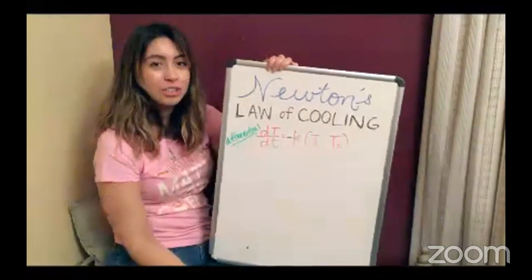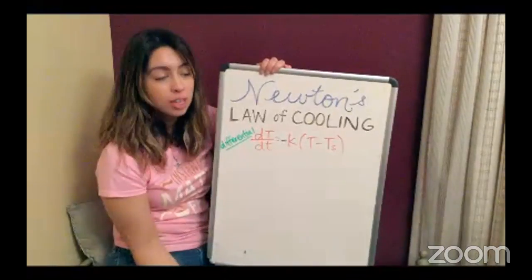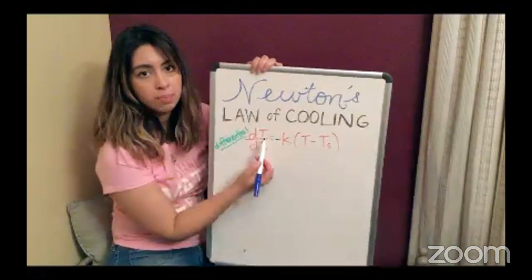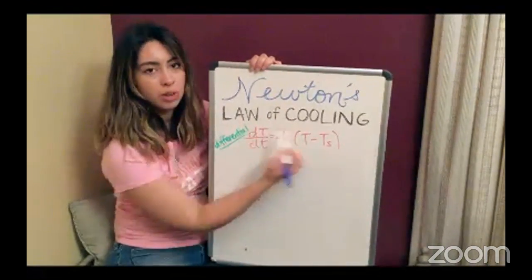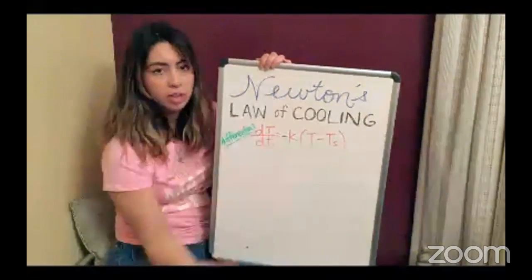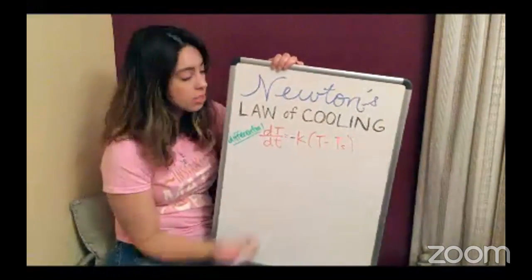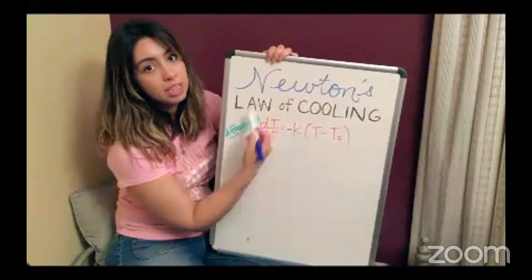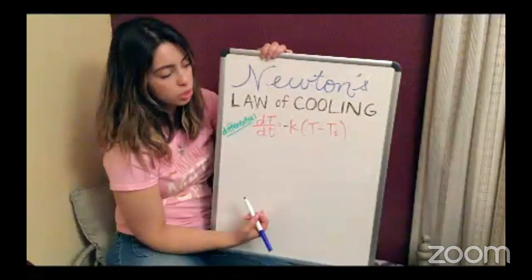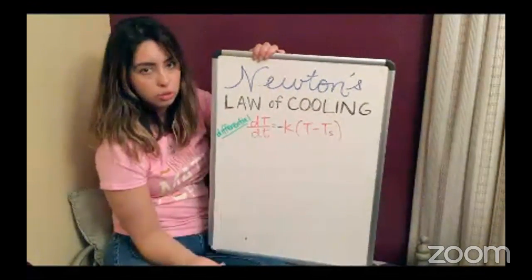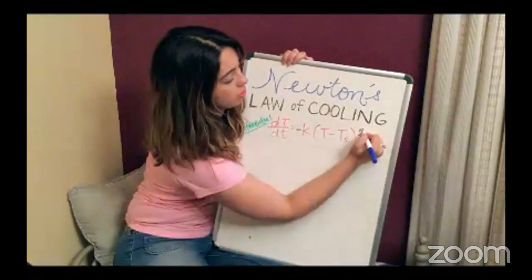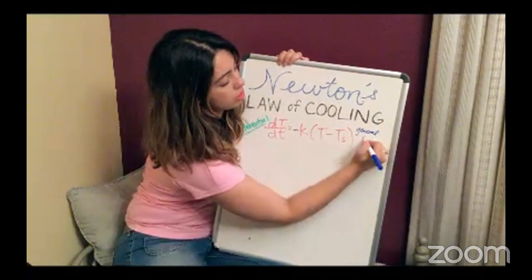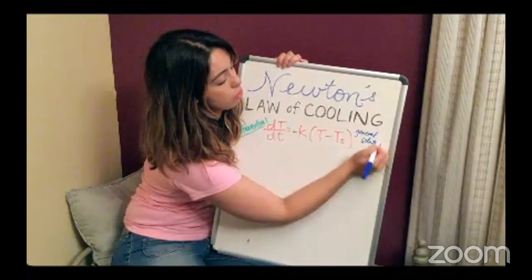In order for us to solve for the original equation of this temperature, we're going to need to integrate this because integration is the opposite of derivatives. If we have a derivative here, we're going to have to integrate it to get the original solution, the general solution, is what we call it. General solution is what we're looking for.